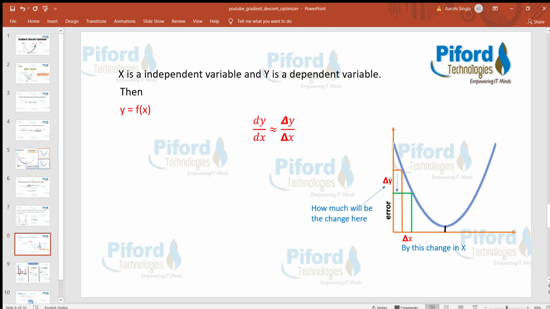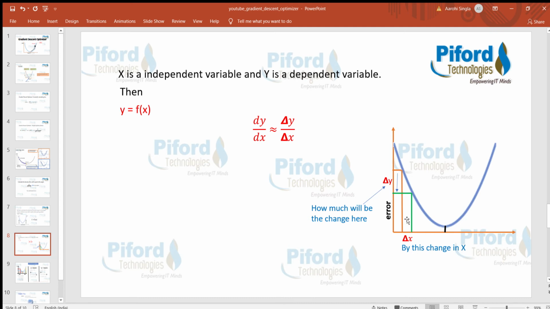So if there is a change in x, what would be the change in y? y is a function of x, because if x changes, y will also change.